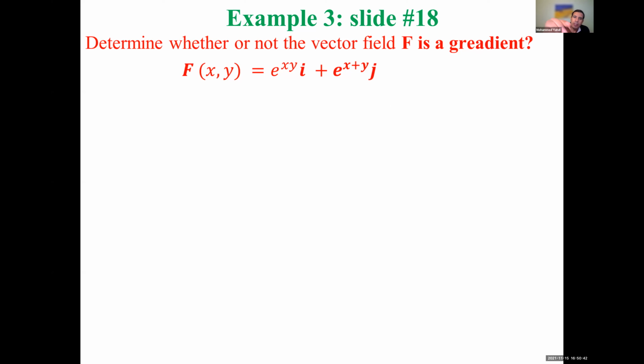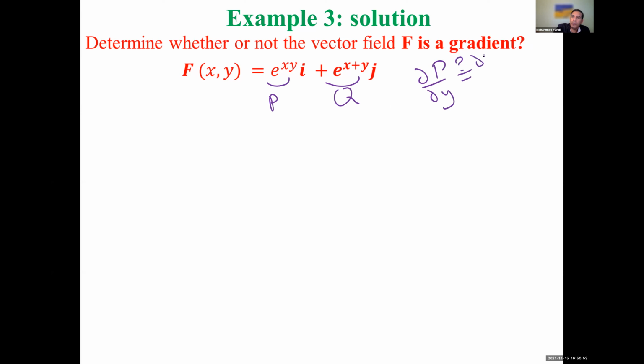So we have our p and q. We just need to check that the partial derivative of p with respect to y is equal to the partial derivative of q with respect to x. If it is equal, it is then a conservative field, and in this case, we need to find little f.